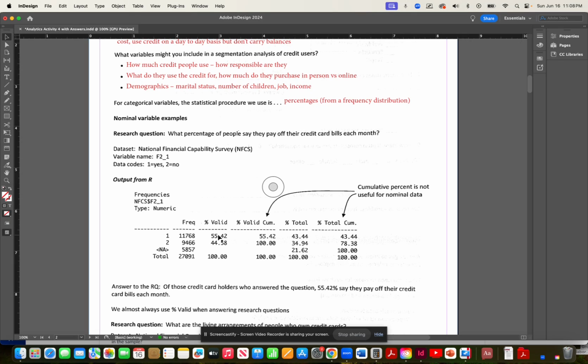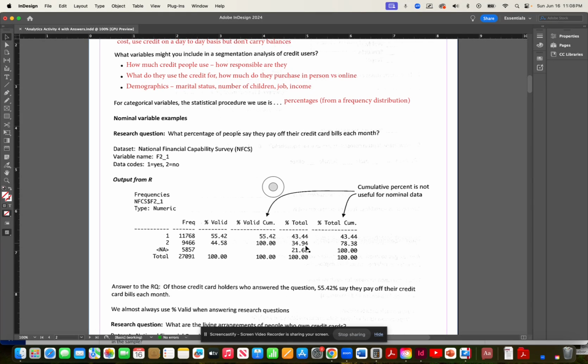So this 55.42%, that's 11,768 divided by this total minus 5,857. So it doesn't include the NAs. And then the same would be for number two. That's 9,466 divided by 27,091 minus this. So that's 44.58%.